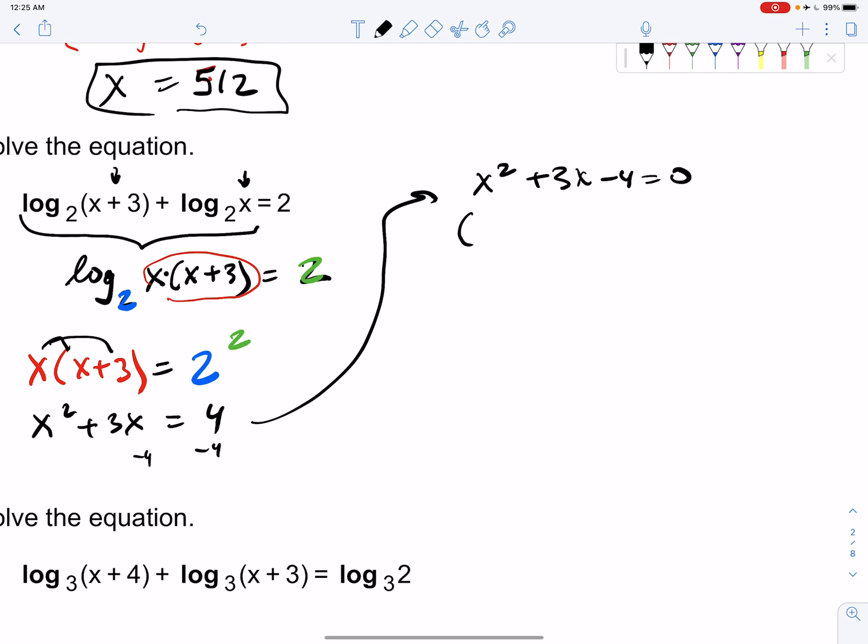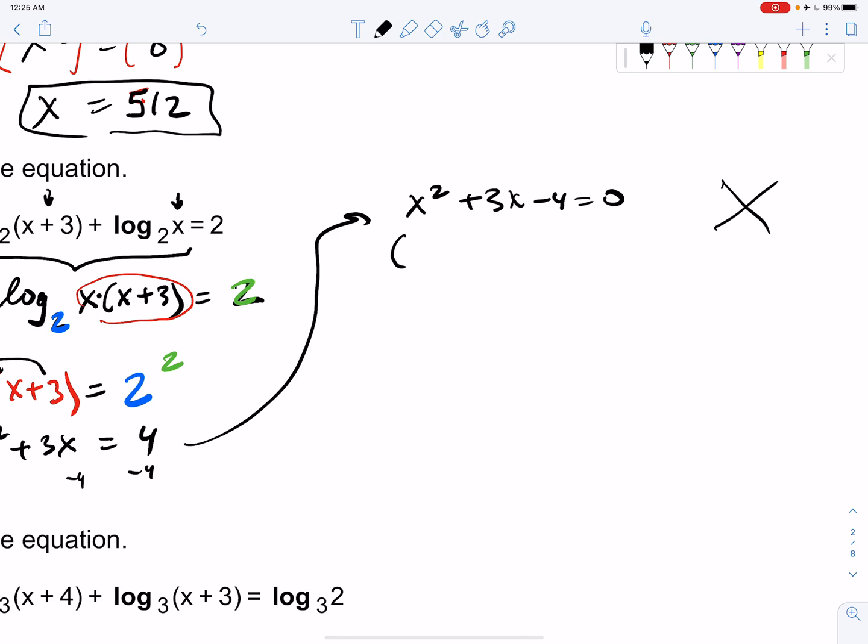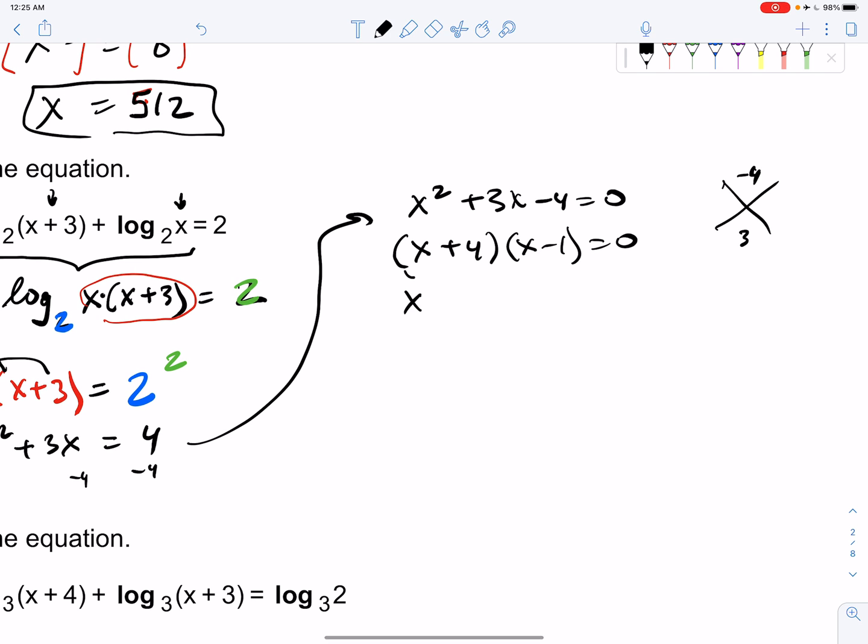And we're trying to see what two numbers will multiply to negative 4 and add to 3. Well, that's just going to be x plus 4 times x minus 1. Yep, that'll do that. And therefore, set each factor equal to 0. When I do that, I get x equals negative 4. Set the second factor equal to 0. Solve it, I get x equals 1.